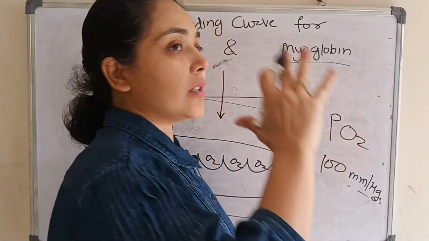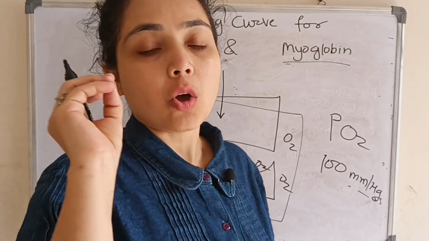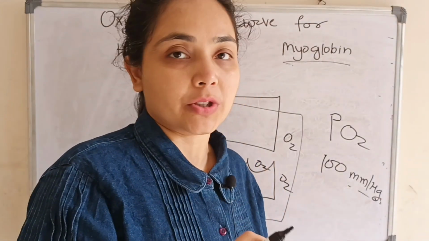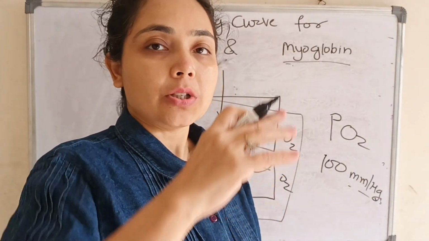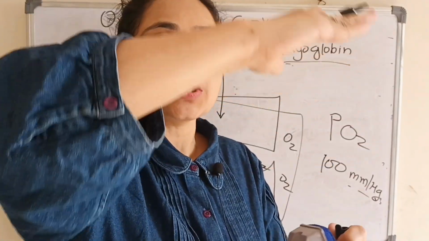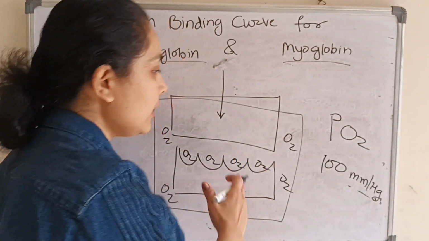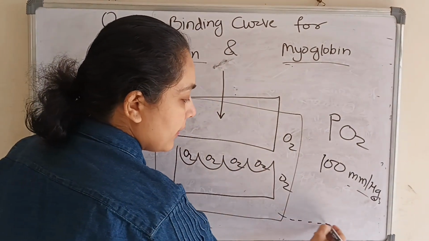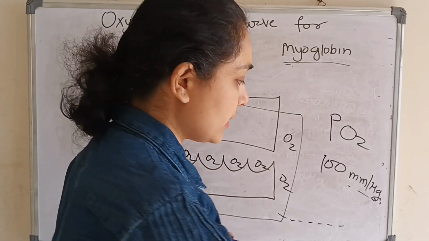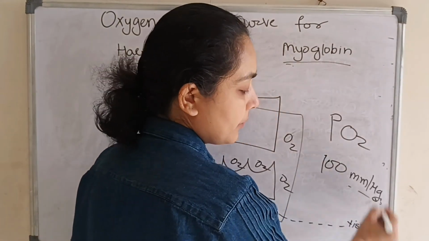The partial pressure of oxygen is always calculated by dissolved oxygen. So the dissolved oxygen partial pressure is more, so association or the binding of oxygen will take place on the hemoglobin. And then it will travel through the blood streams and ultimately reach the tissues.